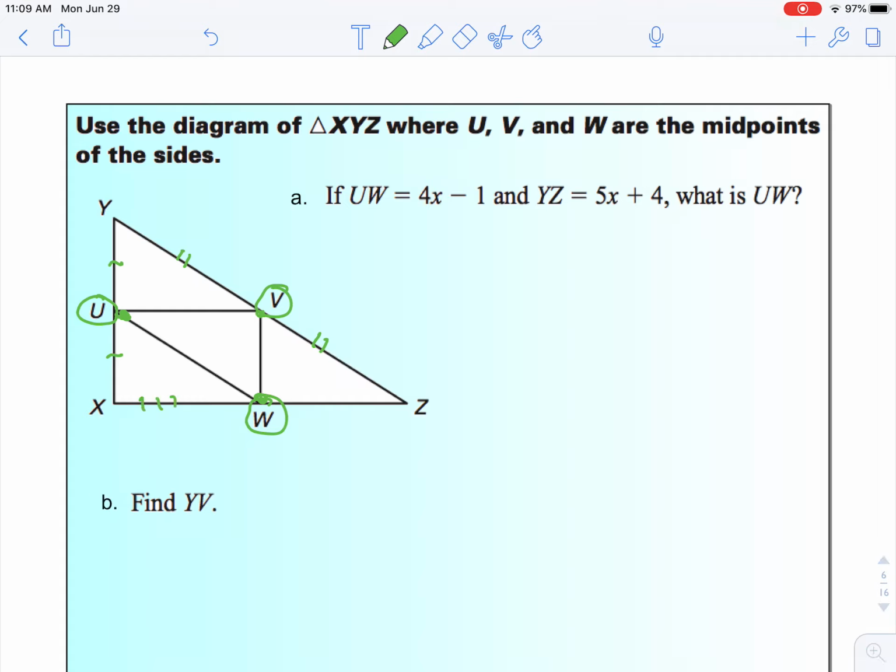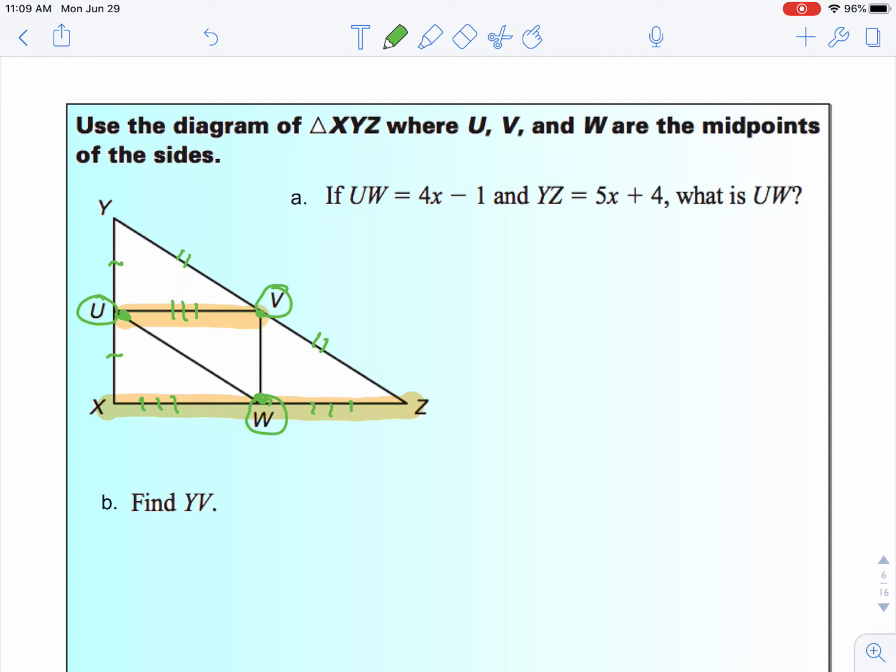And if W is a midpoint, then these two pieces are congruent. And remember also that UV, that mid-segment, is half as long as XZ, so that makes this also the same as each piece.